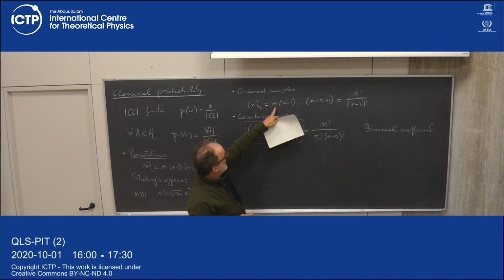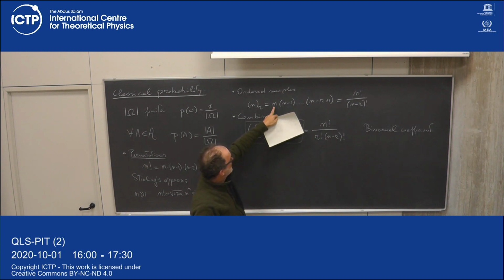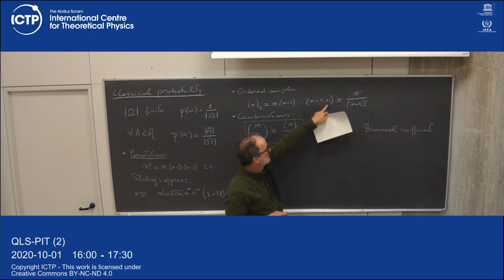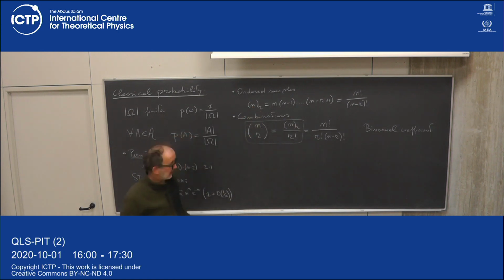Because if n is real, this is a perfectly well-defined number. It's just the product of the number n times n minus 1, etc., up to n minus r plus 1. So this is an object which is well-defined for all real values of n, actually even for complex values of n, and integer r.